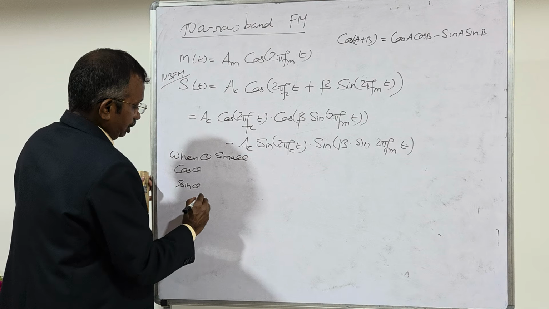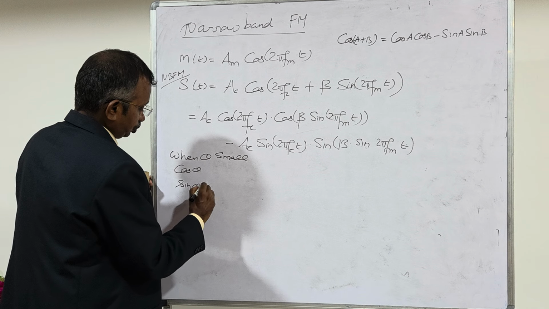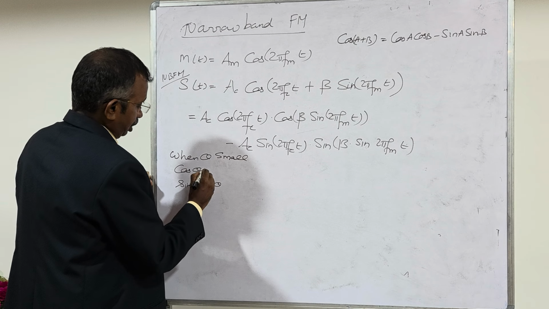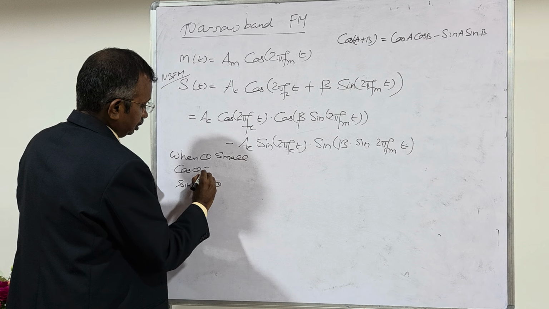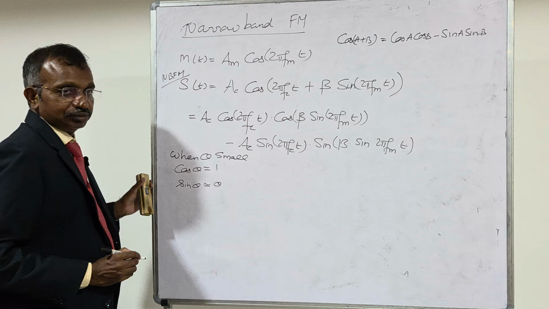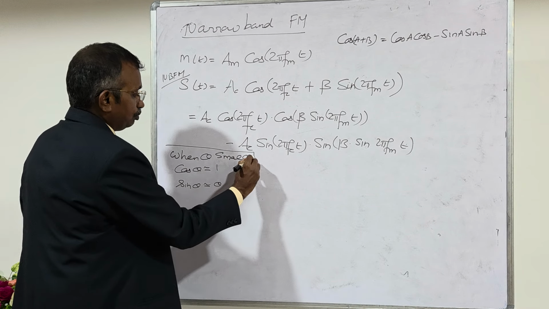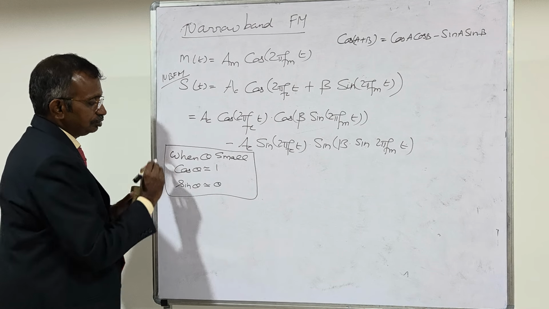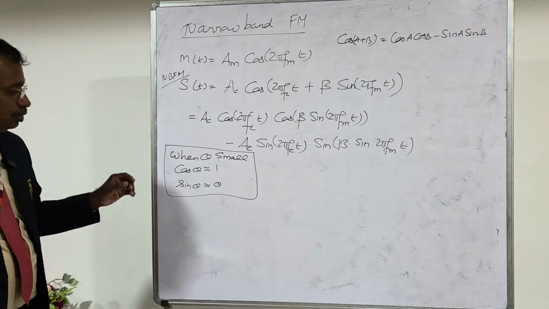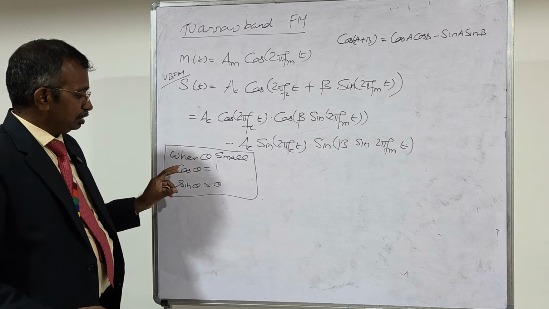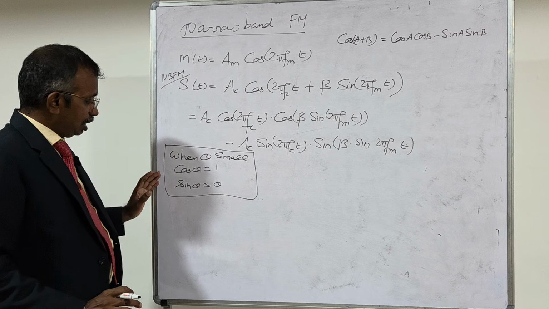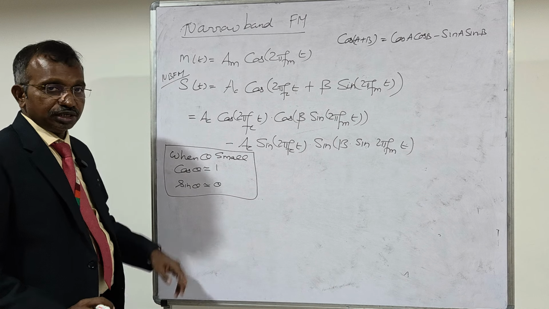When theta is small, sin theta is approximately equal to theta, and cos theta is approximately equal to 1. So, this is from mathematics. Trigonometry, we know when theta is small, cos theta becomes 1, and sin theta becomes theta.